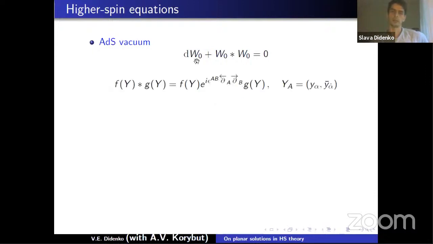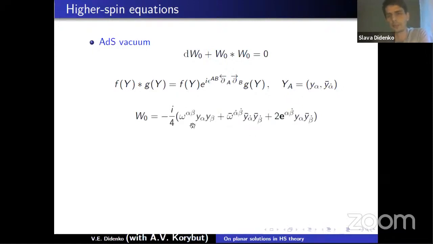So W naught is a connection that satisfies the equation of flatness in the higher spin algebra, which is spanned by this Moyal product acting on auxiliary variables Y. The only polynomial solution to that equation is the AdS spacetime. Any other solution will necessarily contain higher spins.